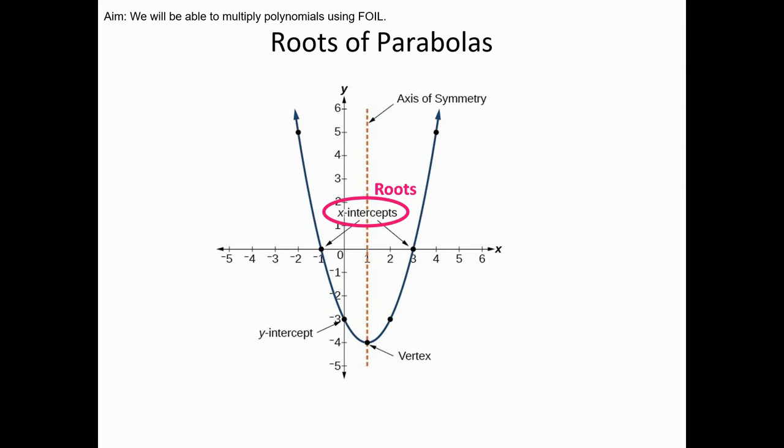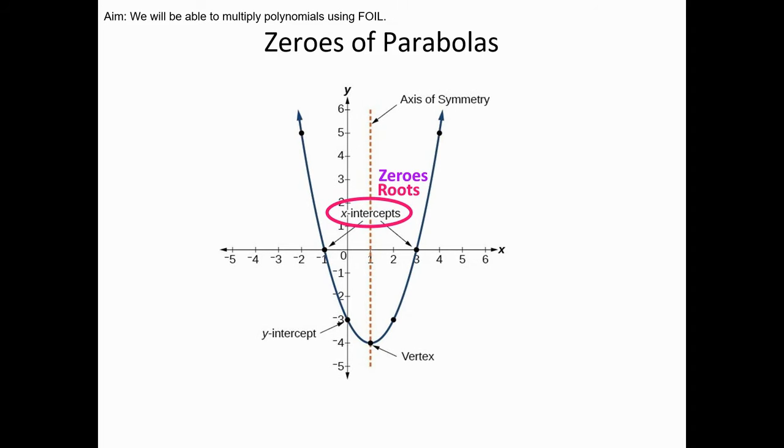First off, when we talk about graphing parabolas, which are quadratic functions, which have polynomials inside of them, we typically care about these 2 points or 1 point or 0 points the most, the roots. They're x-intercepts. But there's another word for these x-intercepts and these roots, and they're sometimes called zeros.